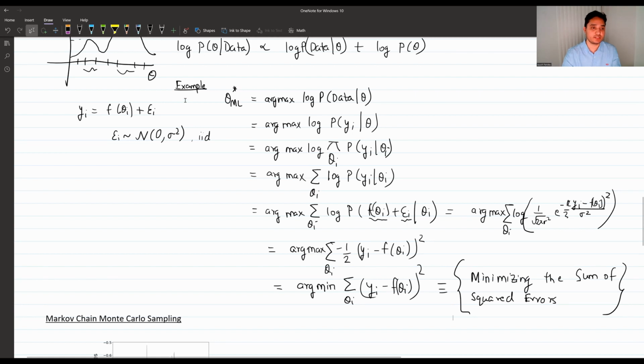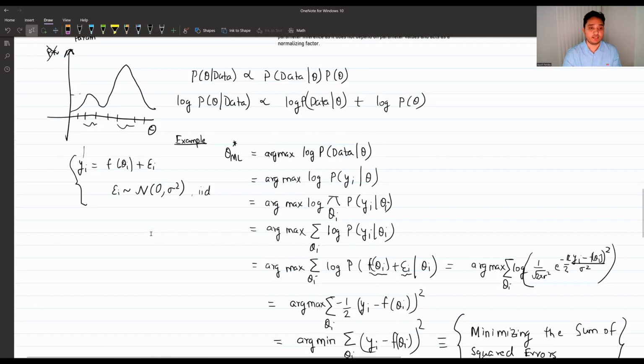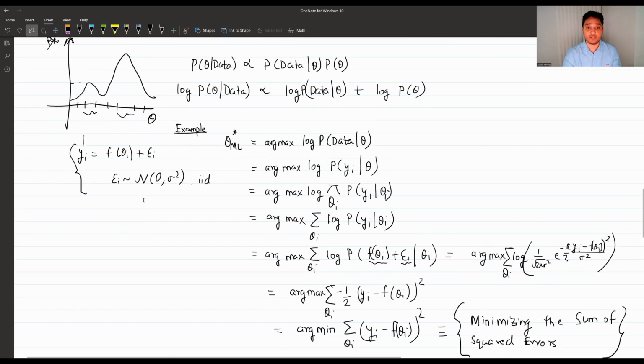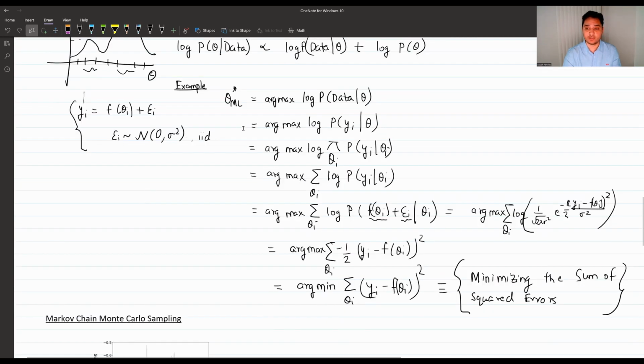Because under these assumptions, under the assumption of IID normally distributed noise, what we find out is actually that the maximum likelihood directly corresponds to minimizing the error. And this is a fundamental concept that goes back to linear regression, optimization, and proves why Bayesian inference can work. Although we clearly see that this kind of theoretical proof would not be possible if we didn't have these assumptions. So that's an important thing to keep in mind.